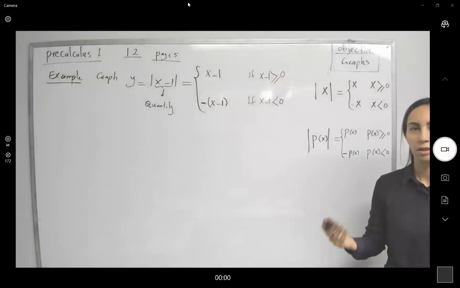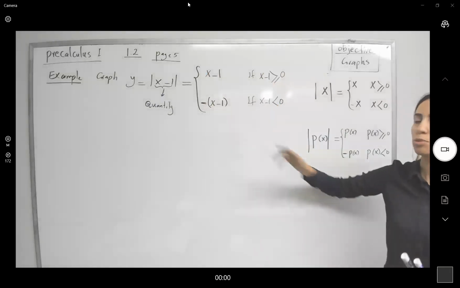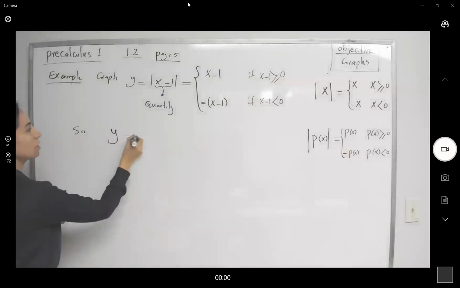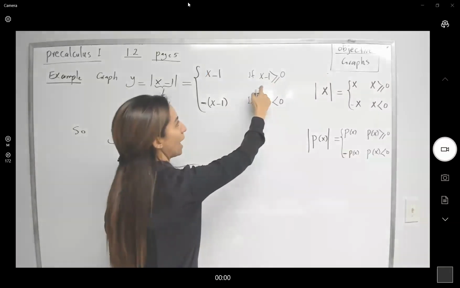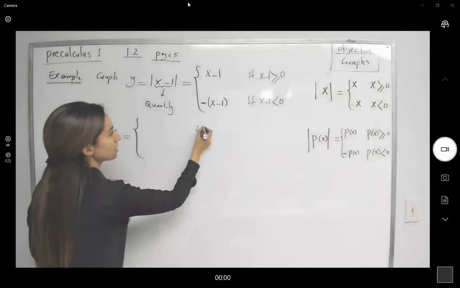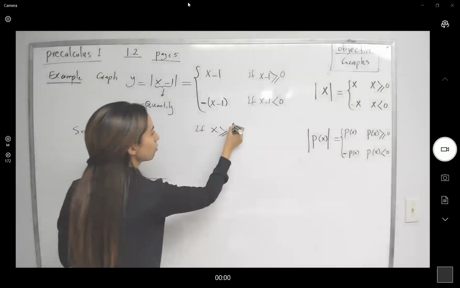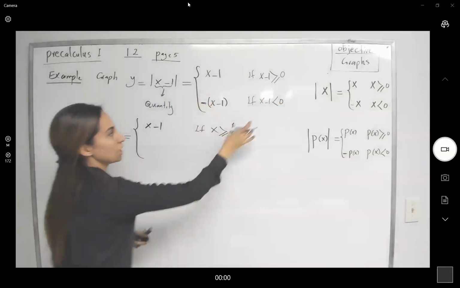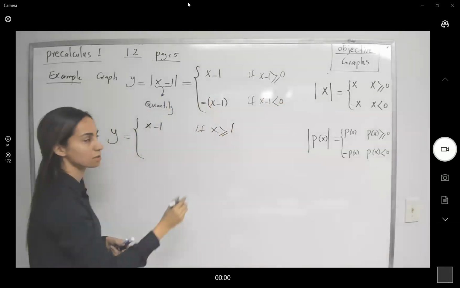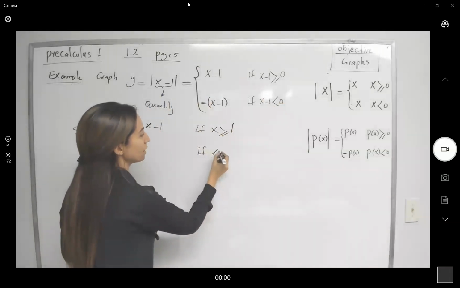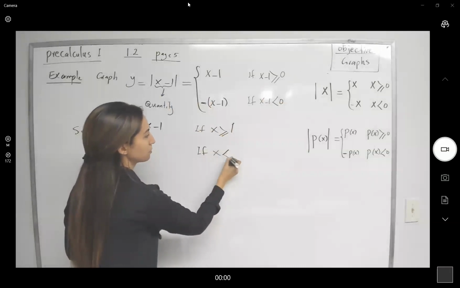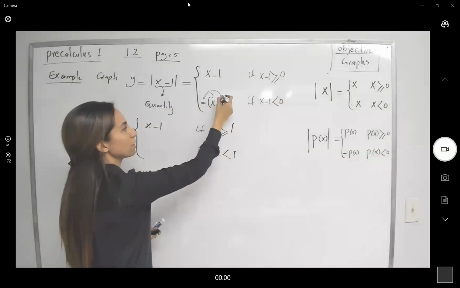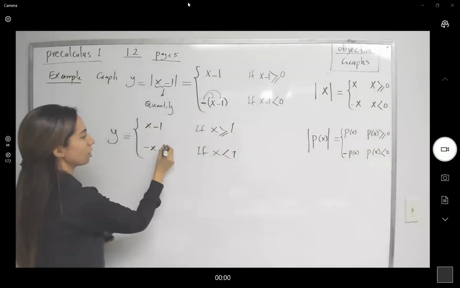So let us go back to algebra and simplify the whole thing. So y is equal to, if I add 1 to both sides, if x is larger than or equal to 1, I get this linear function, x minus 1. If you add 1 to both sides, it means that if x is less than 1, then I get minus of this quantity. If you distribute the negative sign into the parentheses, you get negative x plus 1.